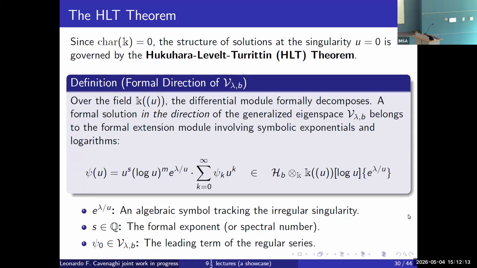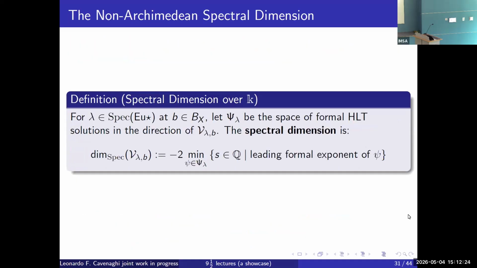You may have many solutions for these exponents S that appear here. And then you look at the minimum of them, and -2, this minimum. You call this the spectral dimension of this generalized space.